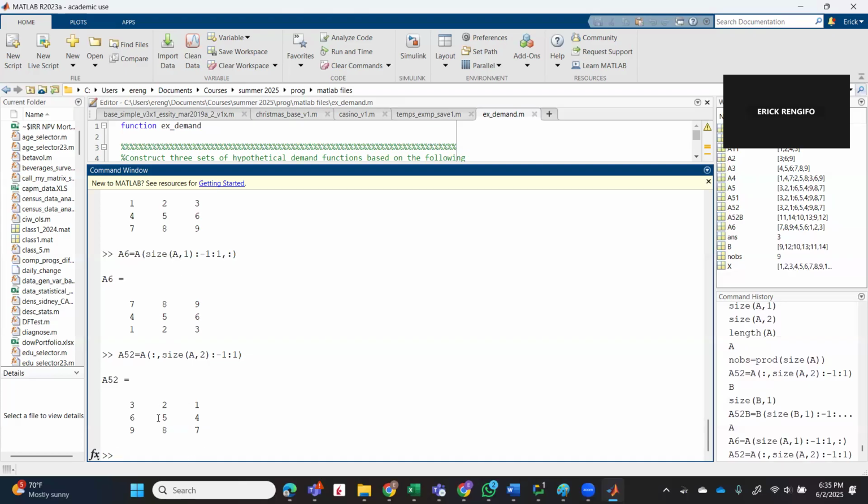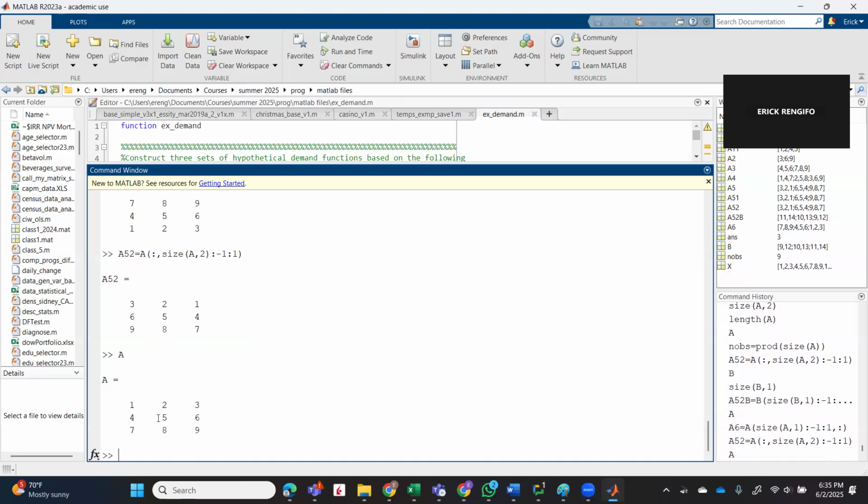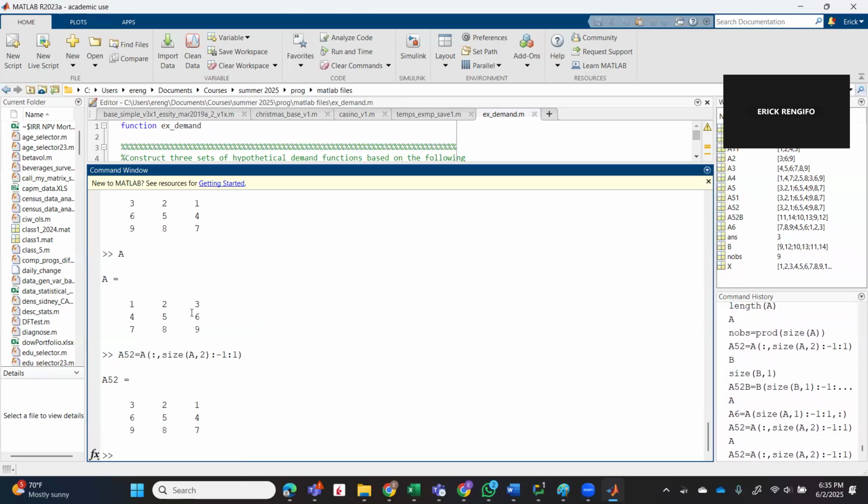What is my A, first of all? Oh yeah, this is my A, and A52 equals what? You inversed the columns. Yes, so the columns have moved left to right, right?